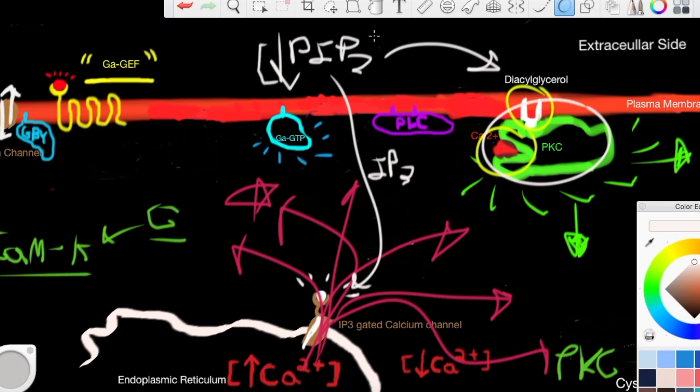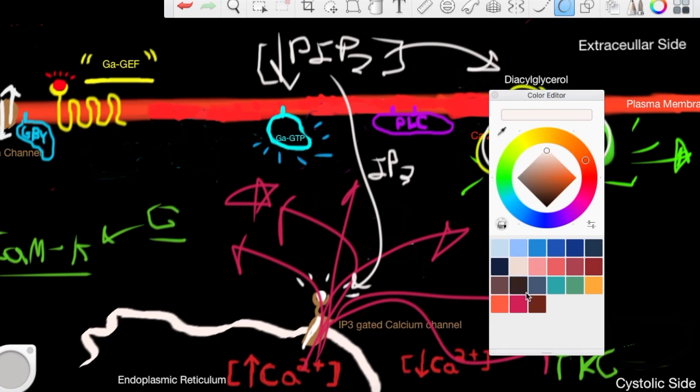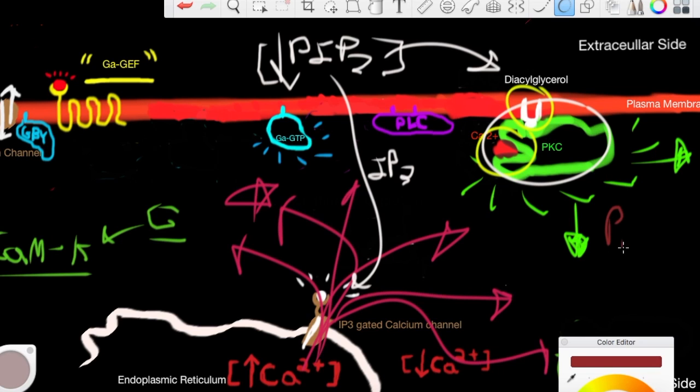So that's going to be a huge barrier to keep in mind, because although protein kinase C can be activated, it's only going to be one diacylglycerol for one PIP2 that's cleaved. And so protein kinase C will phosphorylate target proteins, and you're going to see that throughout the cell signaling cascade. I think that's about it.